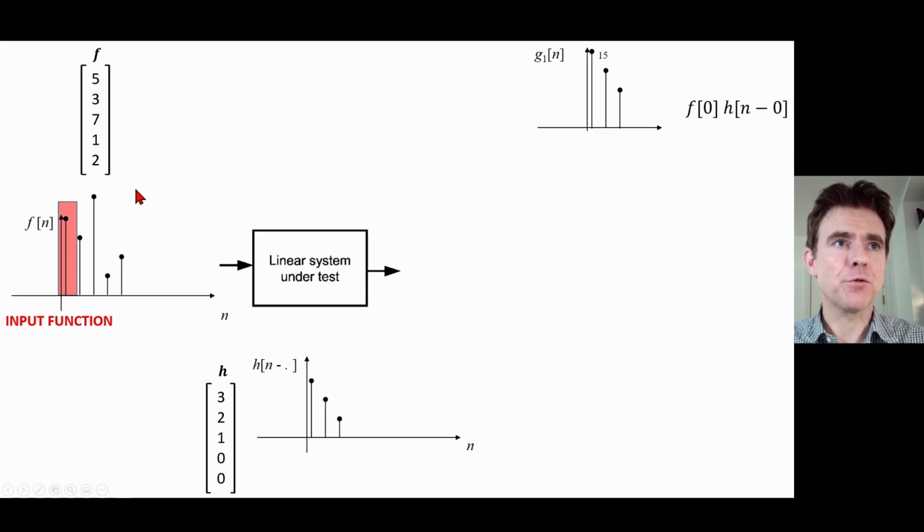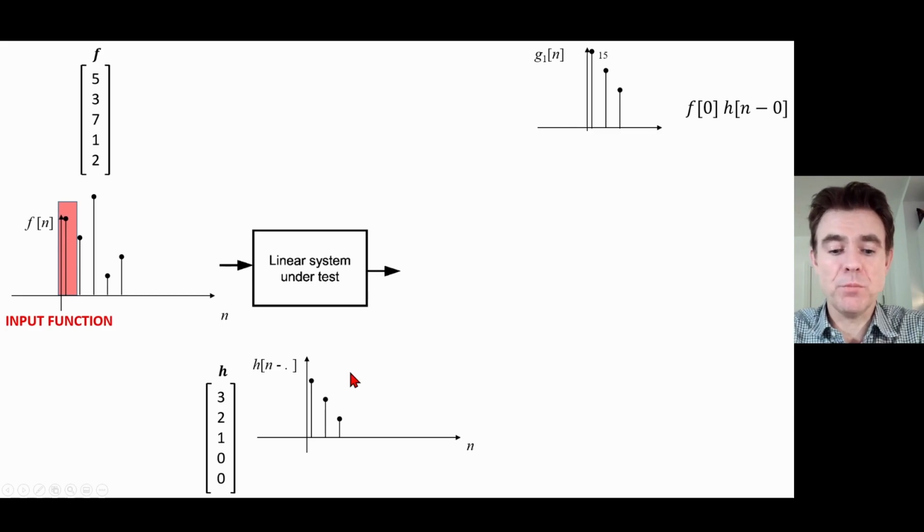But here, for an arbitrary input now, we've just scaled the impulse by some amount 5, and so that is the scaling factor, which of course in general is just given by the input function f evaluated at that first sample point, so that's f of 0. So here's n equal to 0, and there's the value f located at n equals 0 equal to 5. So we just take 5 times the entirety of that response function.